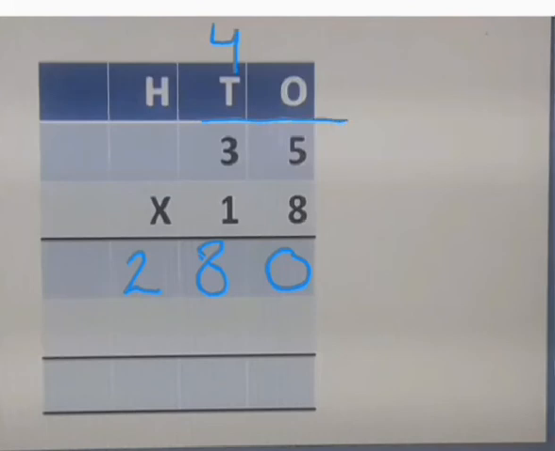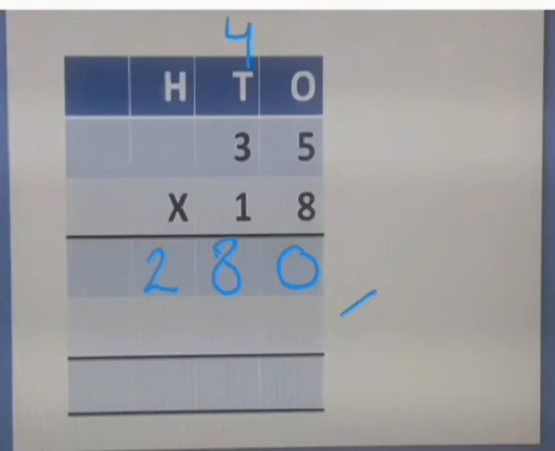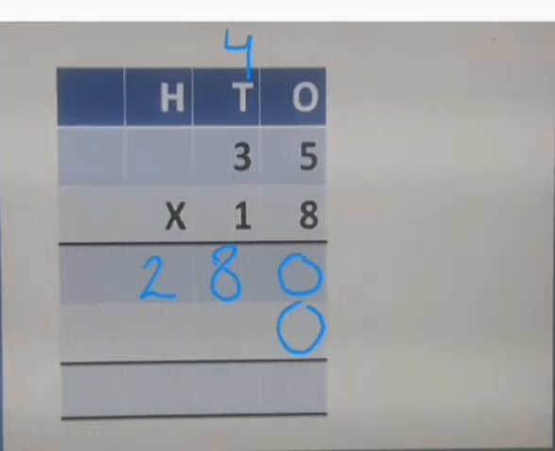Now children, we will multiply 35 by 1. Here 1 is written under the tens column. Now children, in the next line we will leave the ones place, and we will start from the tens place. Now children, we will multiply 1 by 5.